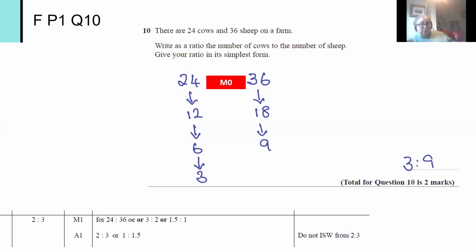And then as they followed it through, there's no equivalent ratio. So their accuracy mark is 0, so it is incorrect. Again, this is about trying to instill accuracy in students and that the detail matters. It does matter whether or not you include a ratio, a colon.